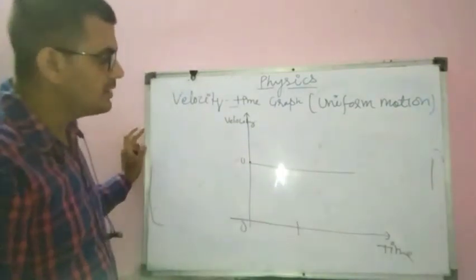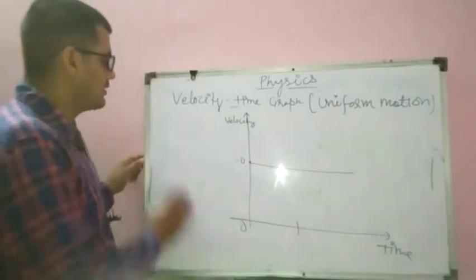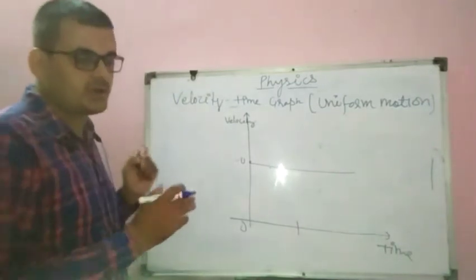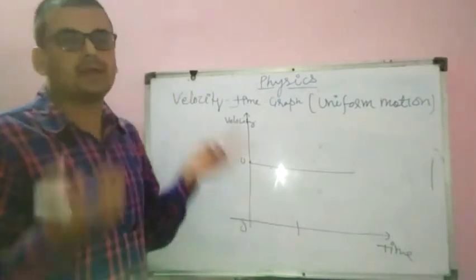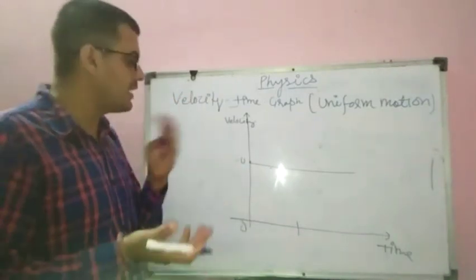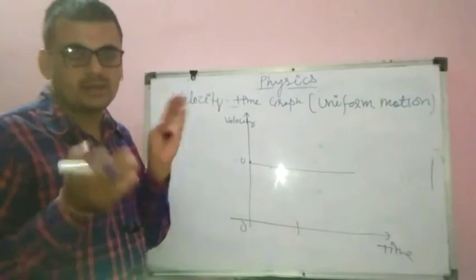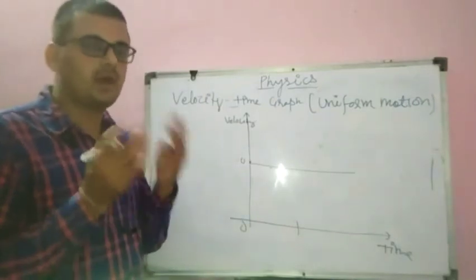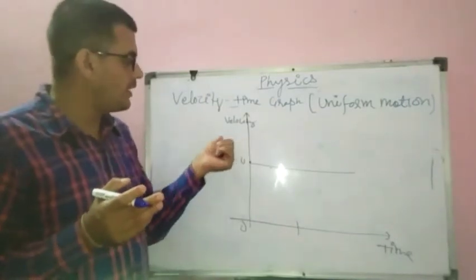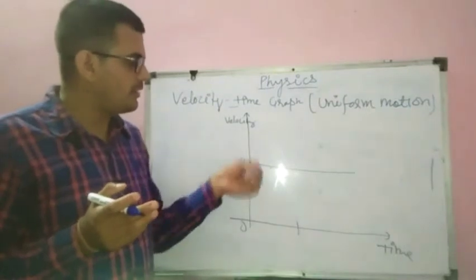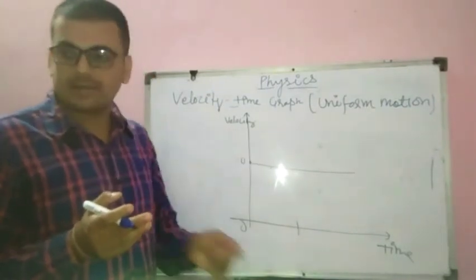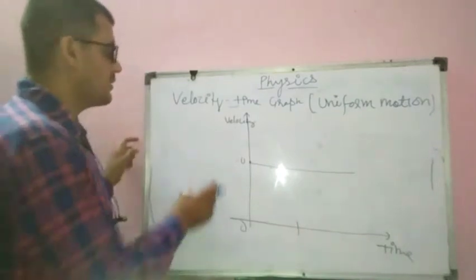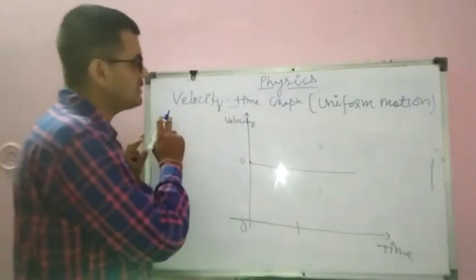Now the question is, as I have told you, by using the distance-time graph we calculate speed, and by using the displacement-time graph we calculate velocity. So which physical quantity will be calculated by using the velocity-time graph?